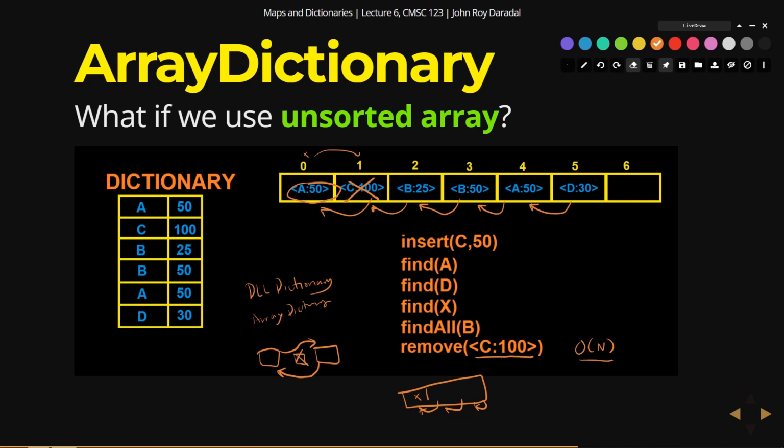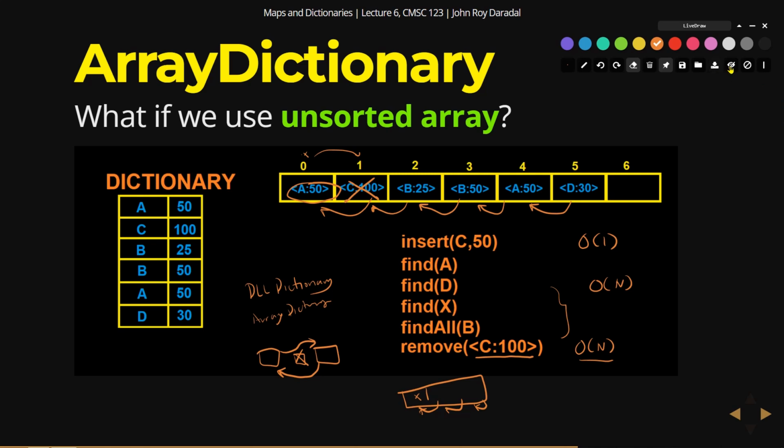Which is more work to do. So yeah, even if we switched out the array for the DLL, it still had the same performance. So insert is O of 1 and then find and remove is O of n, because you need to traverse the array or the DLL to accomplish your task.